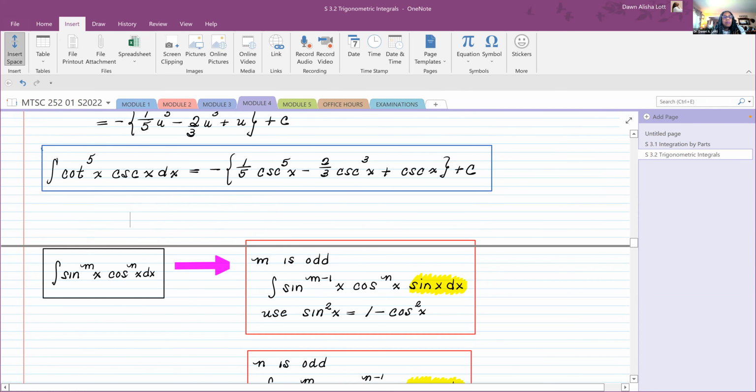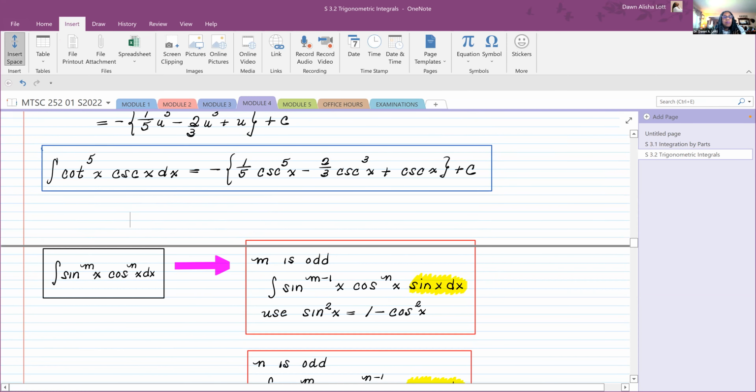Quick example. We talked about what to do if the tangent was odd and what to do if the secant was even. So we know what to do if the power of the tangent is odd or the power of the secant is even.